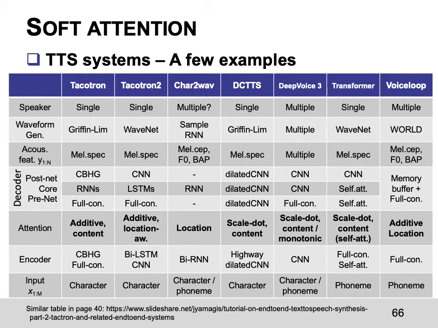As you can see, the Tacotron-based systems mainly use the additive attention, and of course, with location awareness. There are also other systems, for example, Char2Wav, which directly uses a location-based attention. And there is also a pure self-attention-based system, that is the Transformer TTS. You can find the details later from the slide.